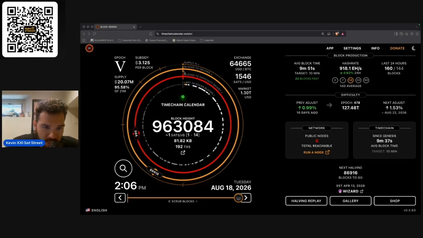So now we have the inner ring, which is the next difficulty adjustment right here. This red one right here. Look at that. So it's right over here right now. And this is the 2-week one.